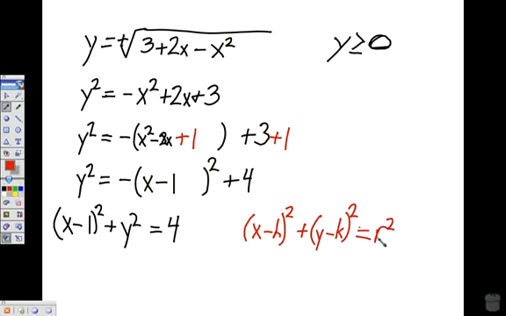It's the equation of a circle. X minus h squared plus y minus k squared equals r squared. That's the equation of a circle with its center at (h, k) and a radius of r.